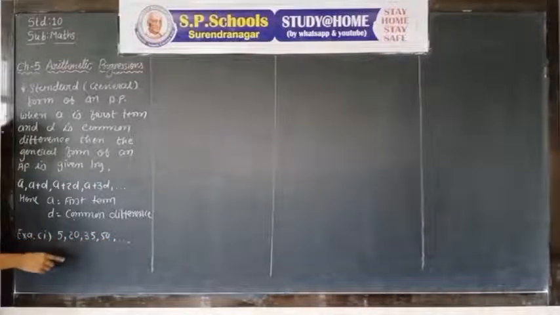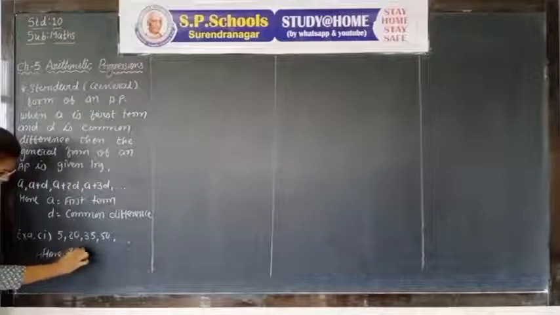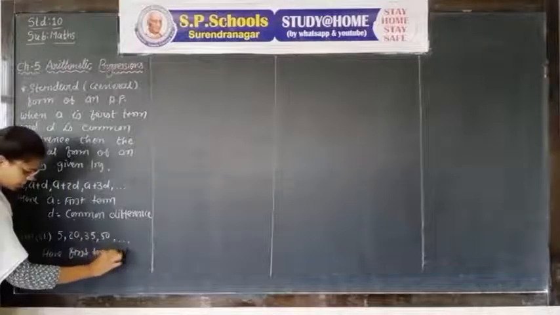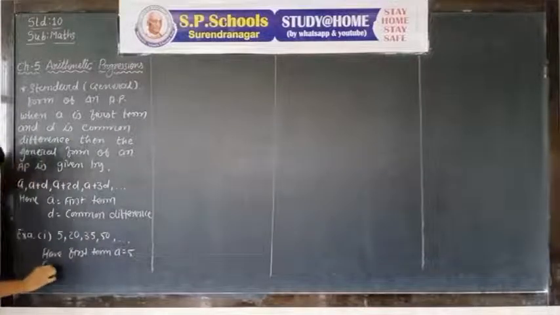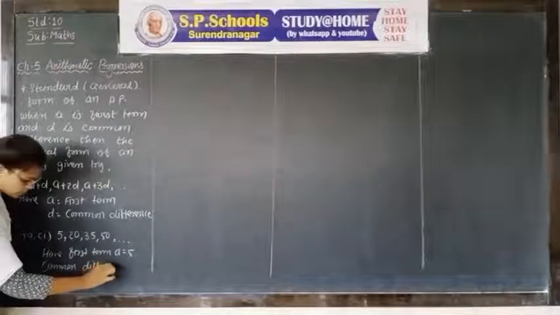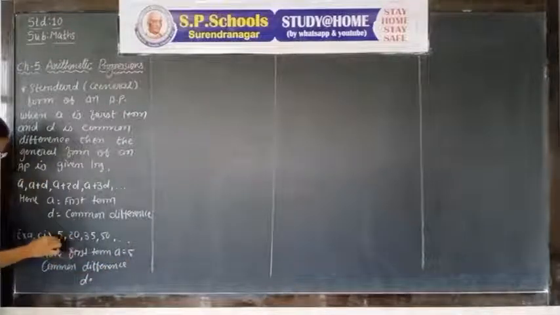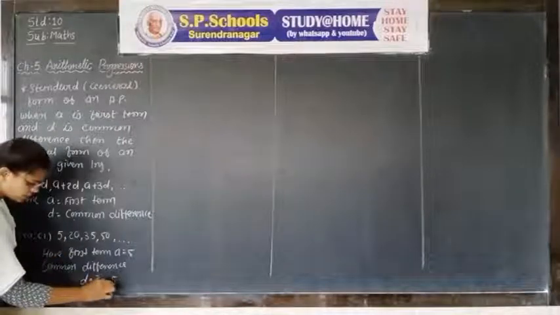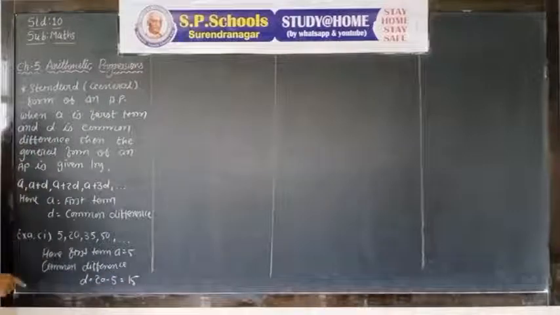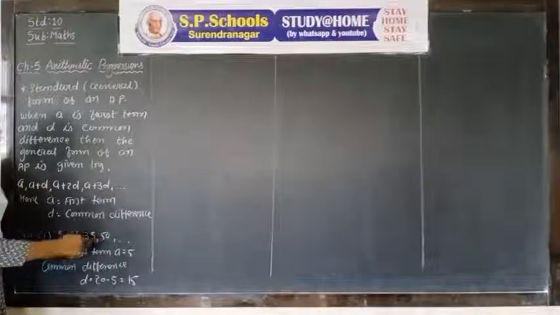It is an AP, so the first term A is equal to 5 and the common difference D is obtained by subtracting the first term from the second term. 20 minus 5 is equal to 15. 20 plus 15 gives 35. 35 plus 15 gives 50.